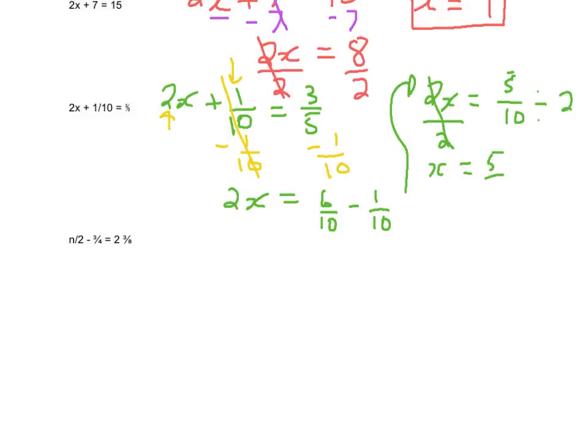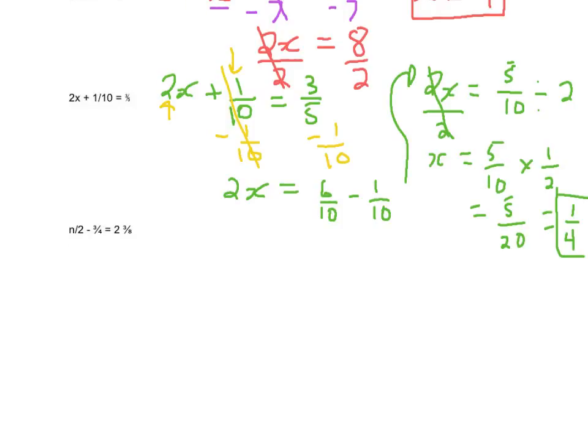So instead of writing divided by 2, we can write multiply by 1 over 2. Multiply the numerators, multiply the denominators. We've got 5 over 20, which simplifies nicely to 1 over 4, and that's your answer for what x is.